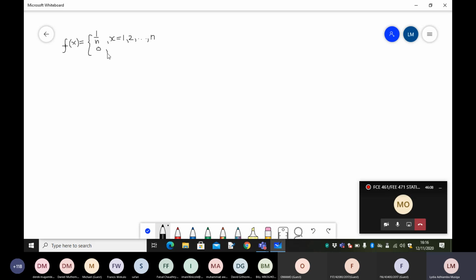So if we have such a PMF, then we know we are considering a discrete uniform distribution. And if you remember, it was applicable to the case of tossing a die.